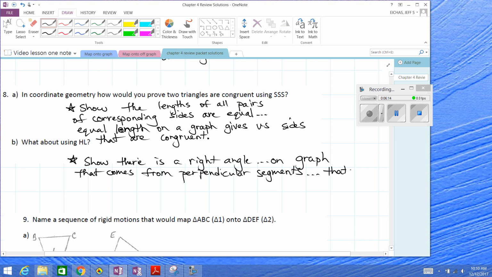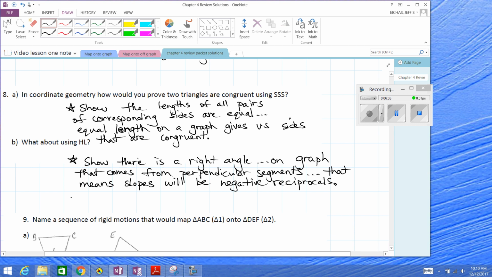That means slopes will be negative reciprocals. Okay, that's your right angle.